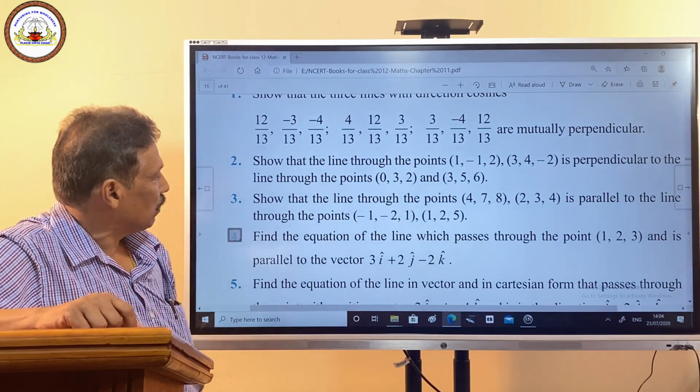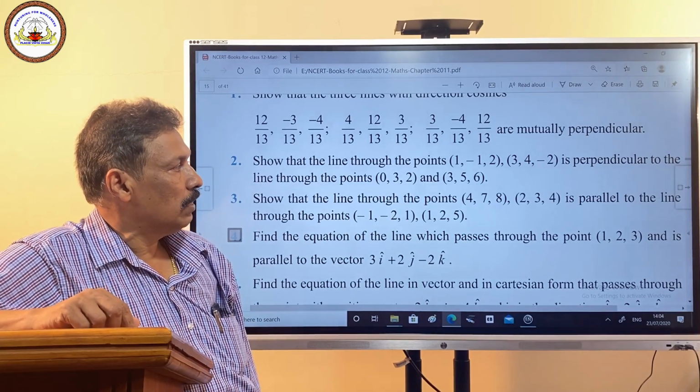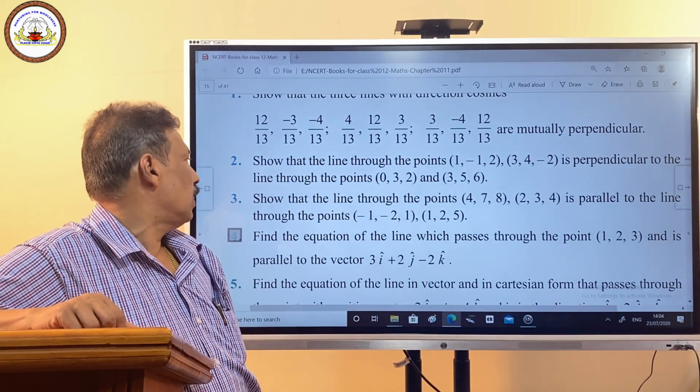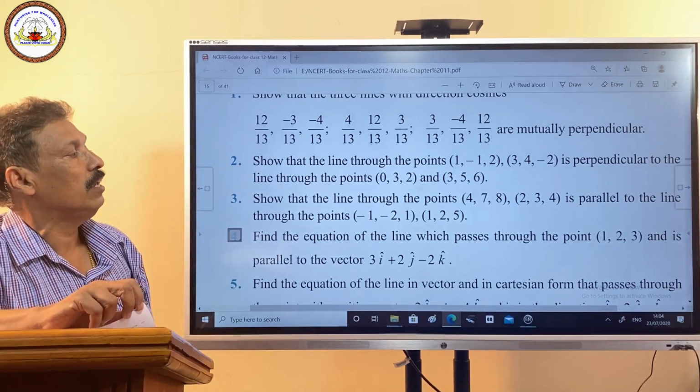Then again, our second question: the line passing through the points 1, -1, 2 and 3, 4, -2 is perpendicular to the line through the points 0, 3, 2 and 3, 5, 6.